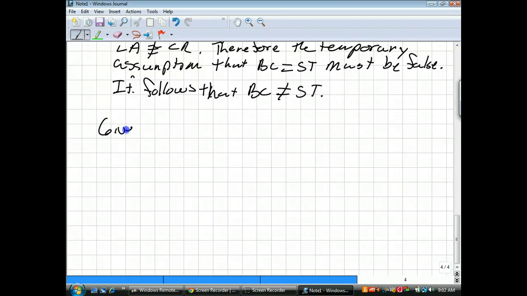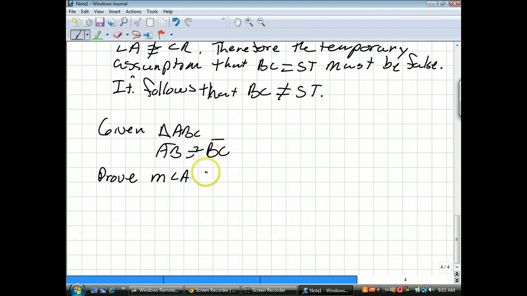Given triangle ABC, where AB is congruent to BC. Prove that measure of angle A is not equal to 90 degrees.